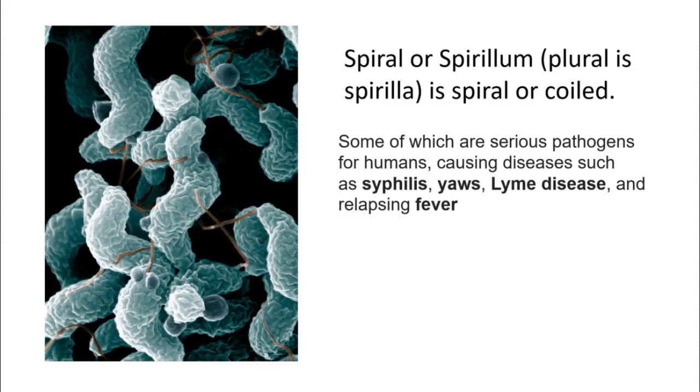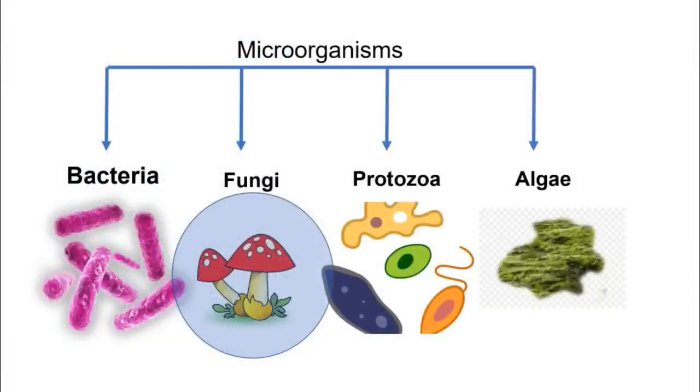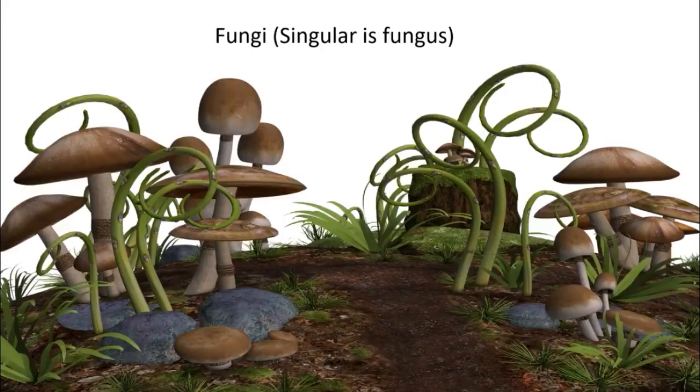So among all these bacteria, some are good bacteria and many are not so good, not so friendly to us. Then among fungi, we have seen some are very large and easily can be seen, such as mushroom.